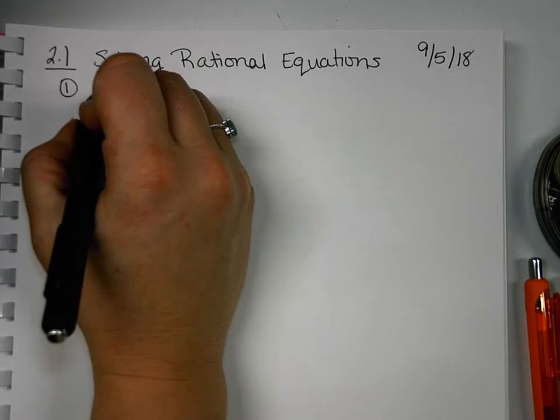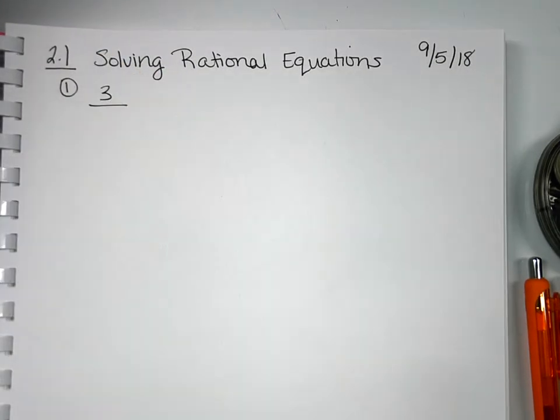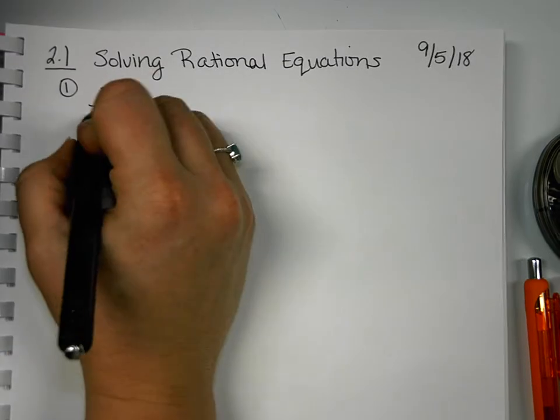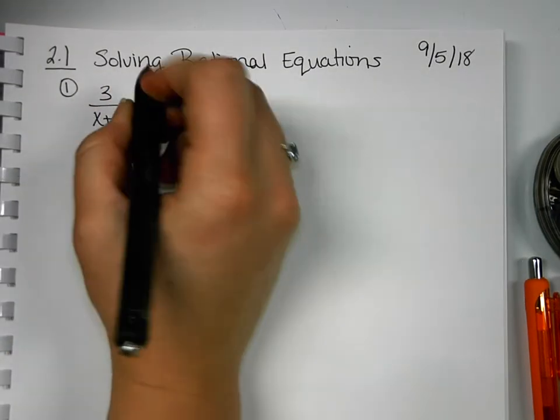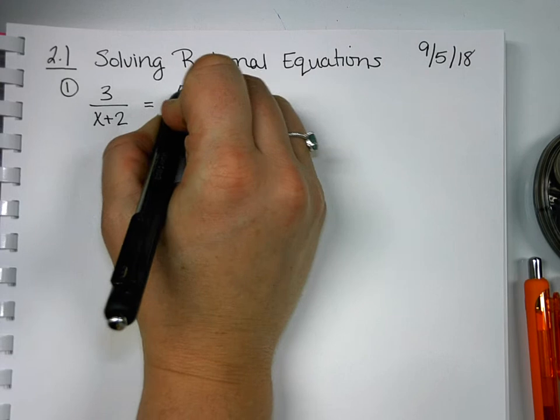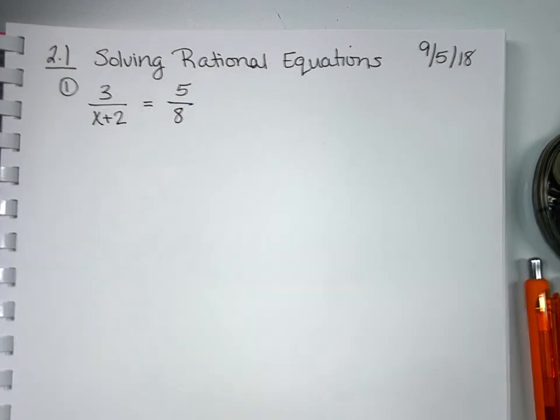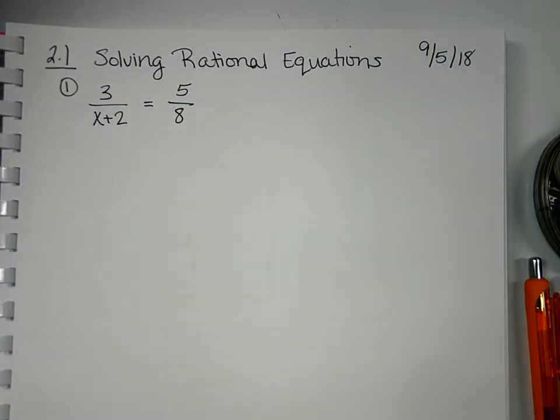So we're going to start with something that should look pretty familiar. Okay, here we have a rational equation. This is something you might notice as a proportion.